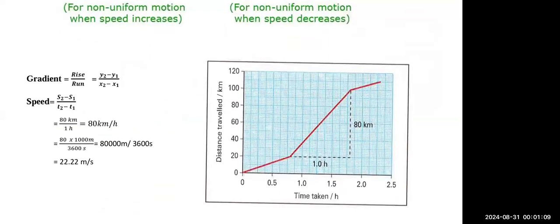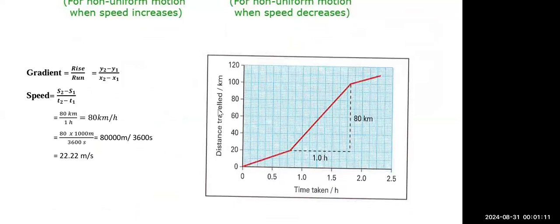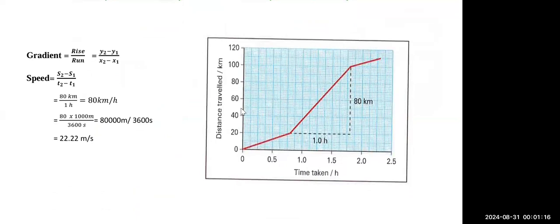Okay, this is again a question that I have taken from the IGCSE book. This is the graph of a train. A train is covering a distance in kilometers, and time is taken in hours. You have to find the speed.